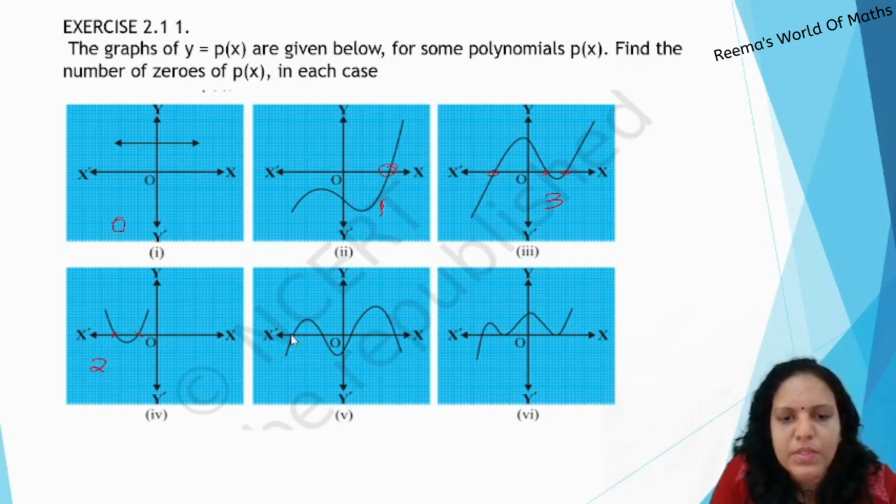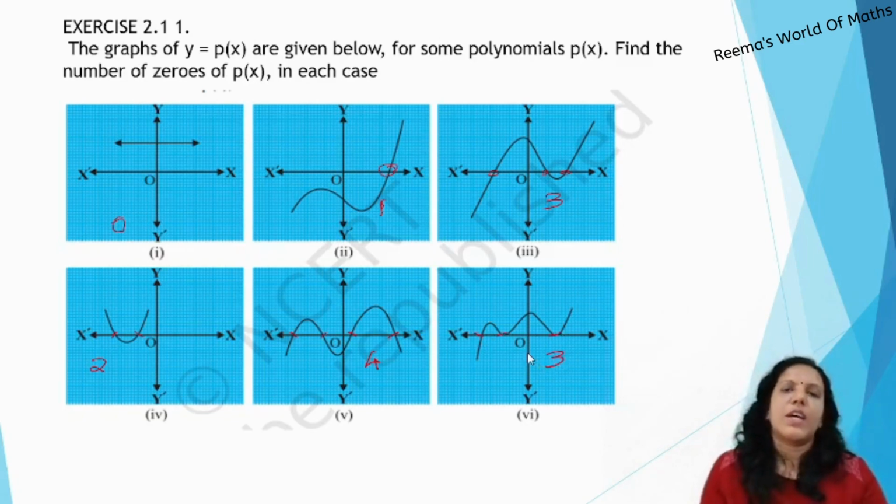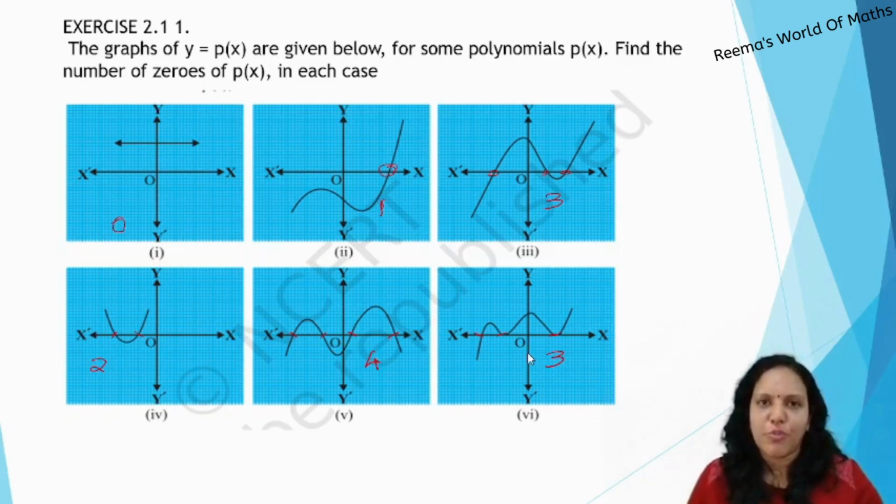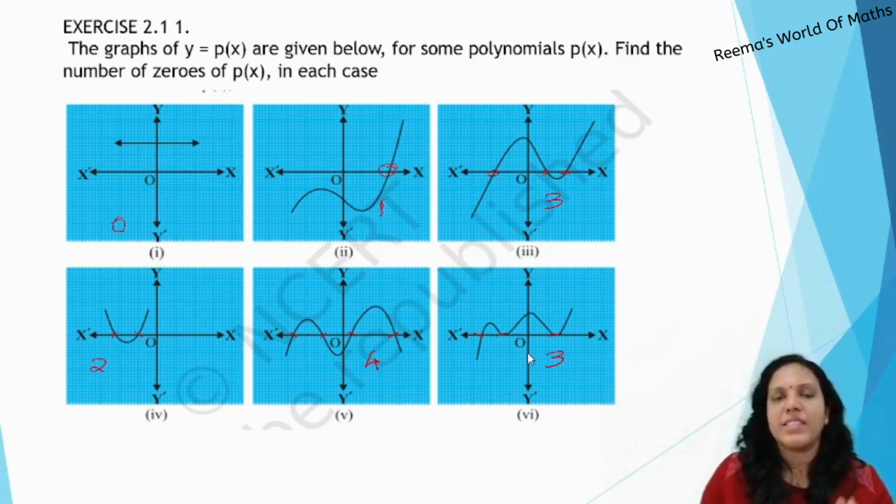And the next one 1, 2, 3 and 4, so it has 4 zeros. Again 1, 2 and 3, so it has 3 zeros. So I hope you are clear on how to represent the zeros of a polynomial on a graph and, seeing the graph, find the number of zeros of that polynomial.